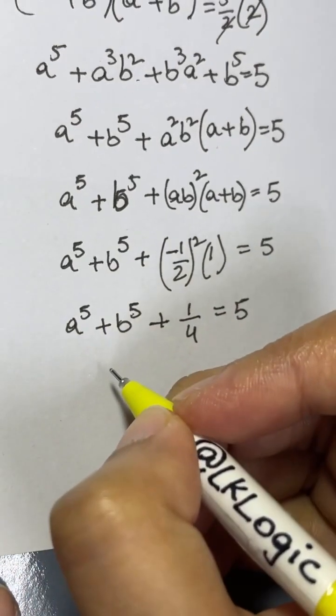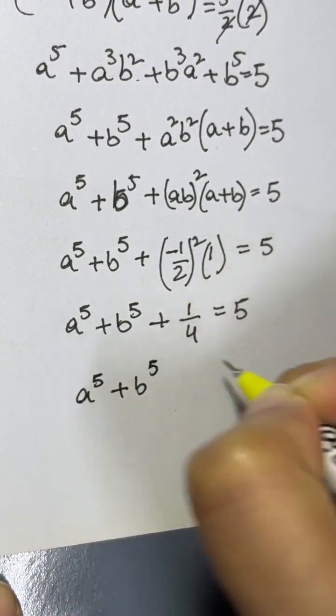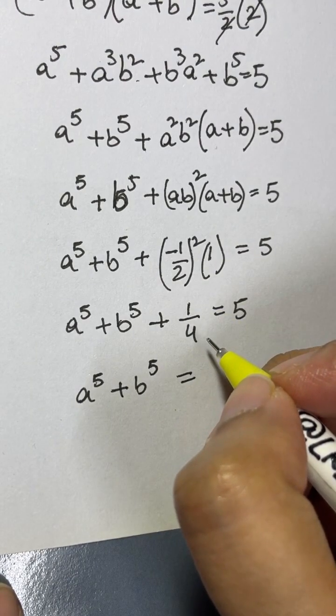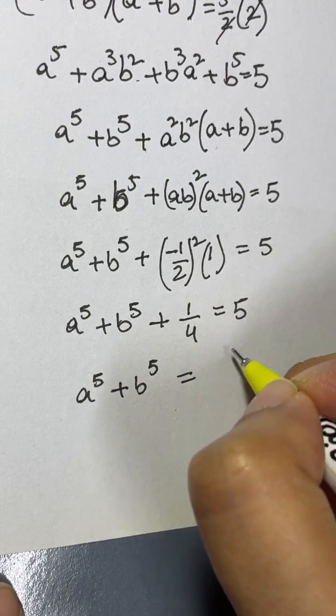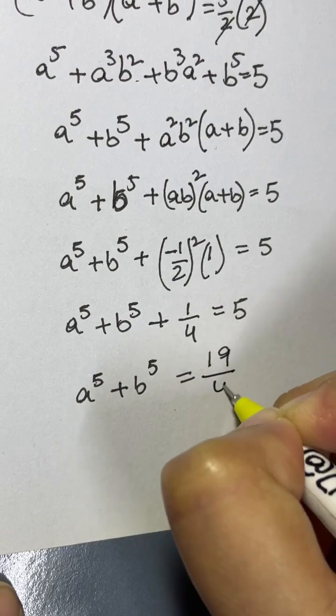Now when I send it to the other side, a to the power of 5 plus b to the power of 5 is equal to 5 minus 1/4, and 5 minus 1/4 will be 20 minus 1, that is 19/4.